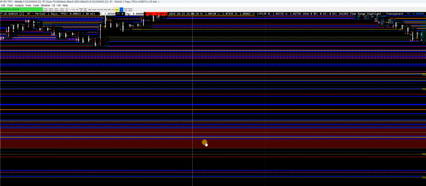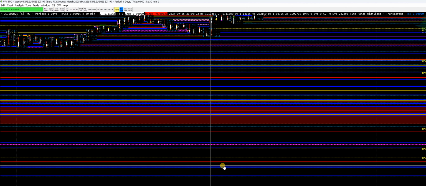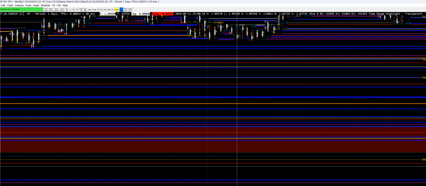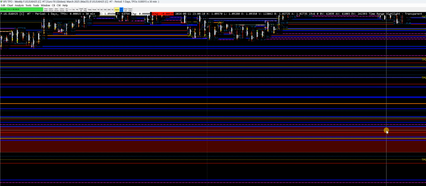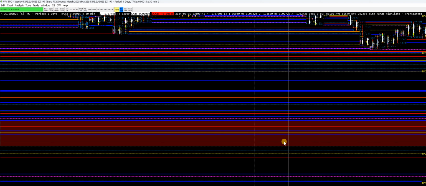Trying to squash the chart a little bit going back in time. Now you can see we're going back seriously in time, and the reason is that the level of the euro dollar hasn't been at that level for quite a while. So we're going back to that level literally years.